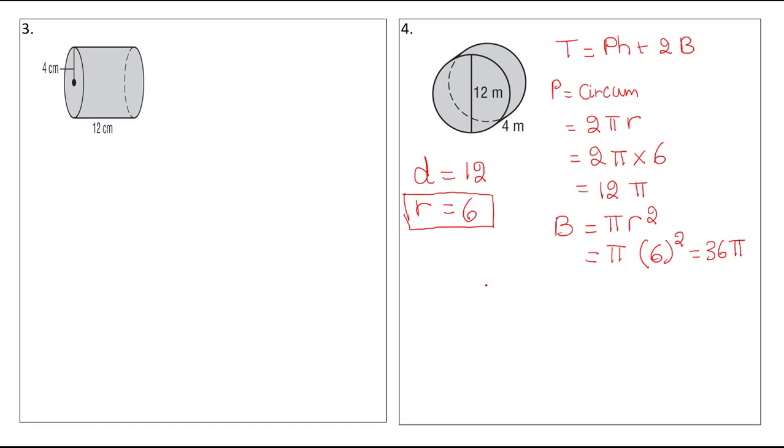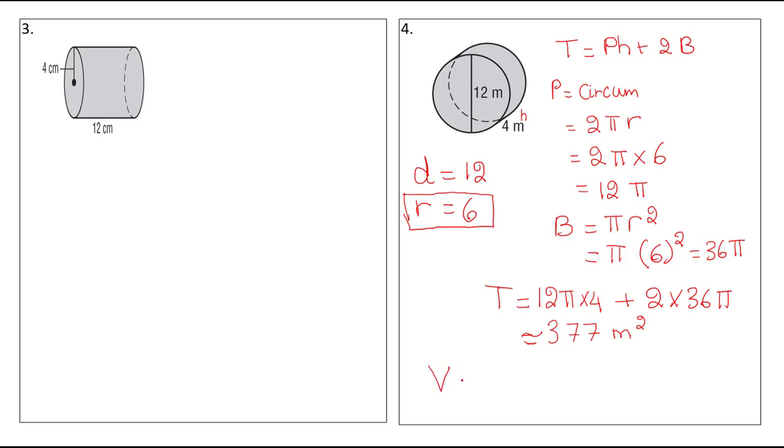Now, we want to find the total surface area, which is equal to 12 pi multiplied by h, which is equal to 4, plus 2 multiplied by 36 pi. And this is equal to 377, nearly. What are my units? Meter squared, because I'm talking about the area.